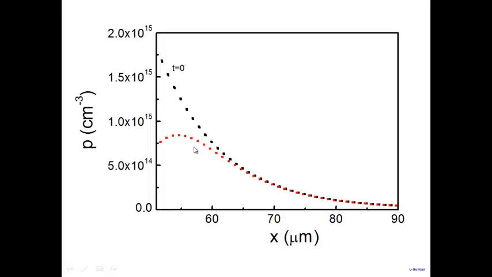Look at the nature of the graph. It's not the same as the static case. Look at the shape here, very distinct. My p under the transient case does not follow this behavior, which is only for the static case. Under the transient case it follows like this.